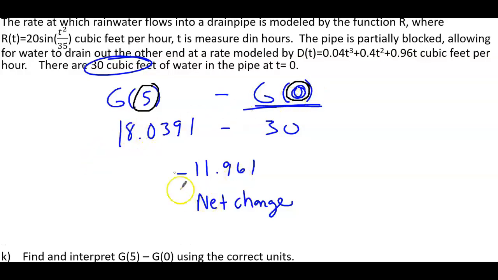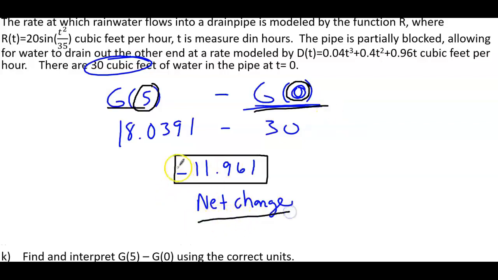The outcome here is the net change in the amount of water in the tube. So basically what this means is that the total amount of water in the tube has decreased by 11.961 cubic feet on the time interval from 0 to 5.